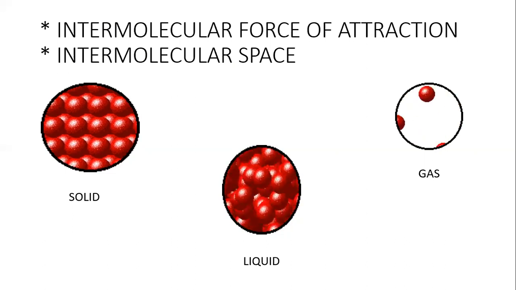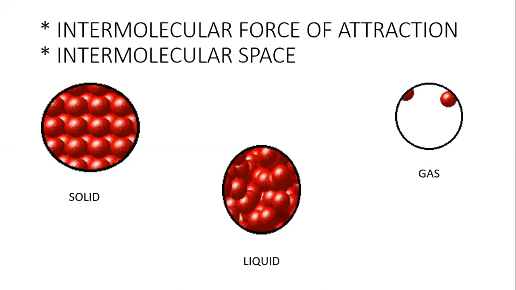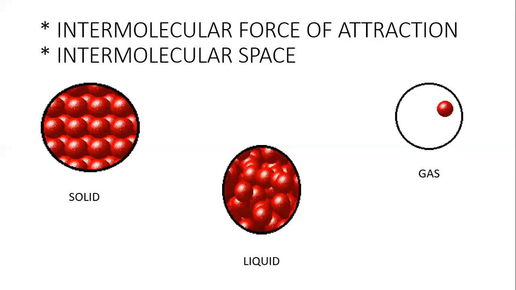And that is the main reason for the faster movement of particles in liquids and gases, because the intermolecular force of attraction is very less. And that explains how both liquids and gases take up the shape of a container while solids can't.